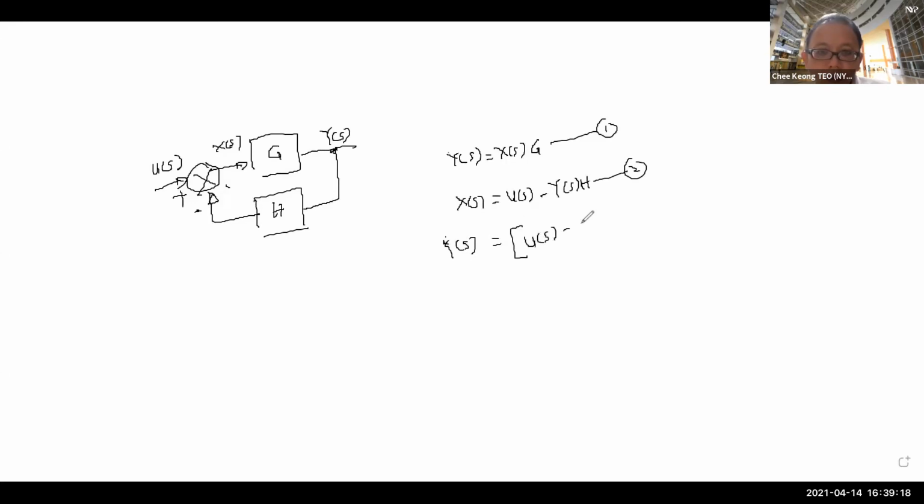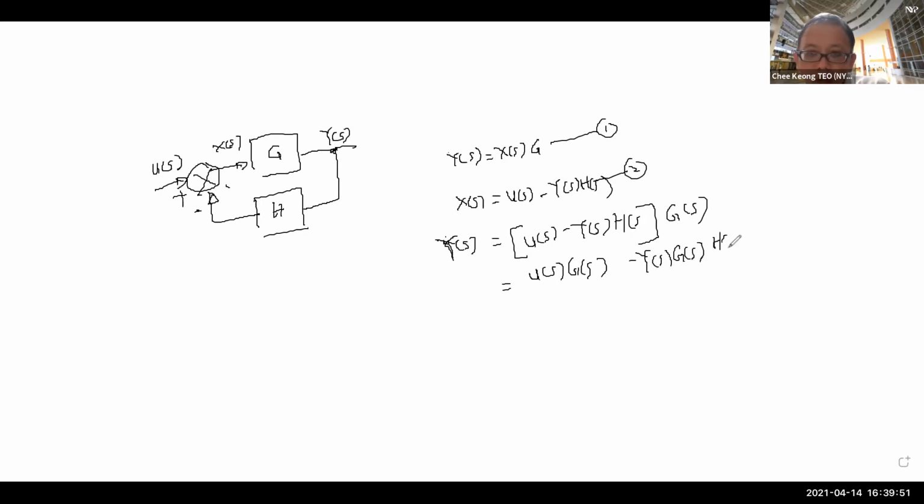U of s minus Y of s multiplied by H of s. This is U, this is H of s, multiplied by G, which is G of s. So this is your Y. If I multiply in, then I basically have U of s G of s minus Y of s G of s H of s.